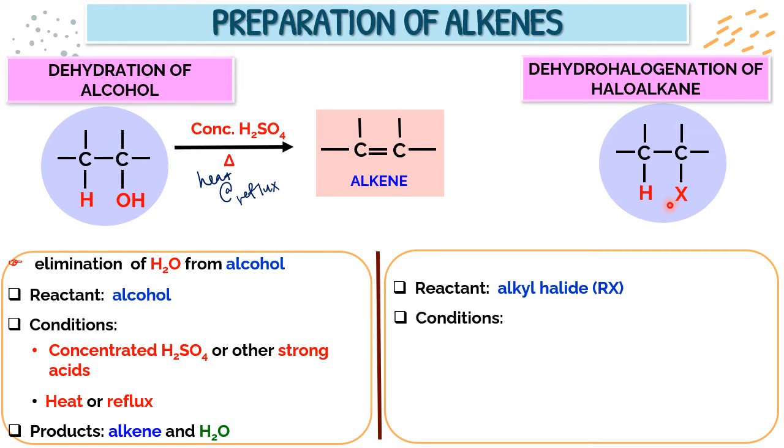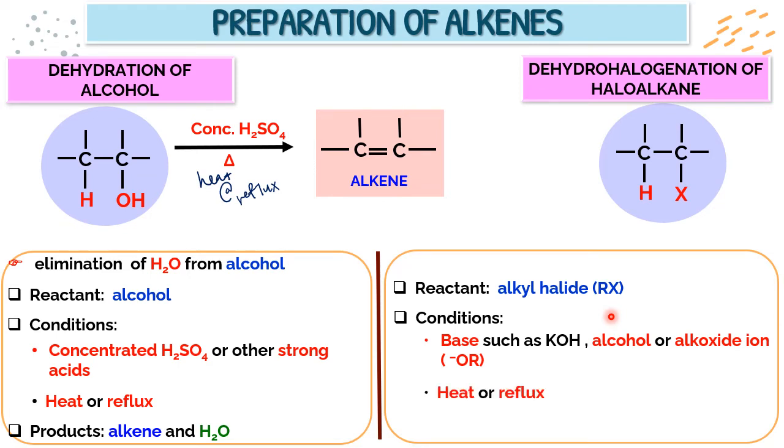So the conditions for dehydrohalogenation of haloalkane is, first, we must have a base. The common base that we're going to use is KOH, or we can use any strong base. And then the reaction must be in alcohol medium. So we must put a trace of alcohol in our reaction.